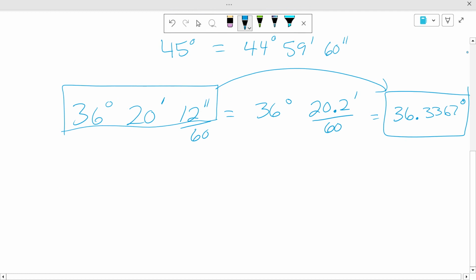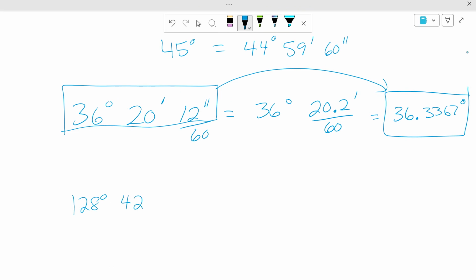If we have 128 degrees, 42 minutes, and 36 seconds, what is that as a decimal? Okay. First step. Do we start with the 128, the 42, or the 36? 36. We take 36 divided by 60. What's 36 divided by 60? 0.6.